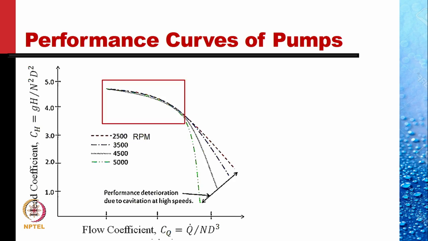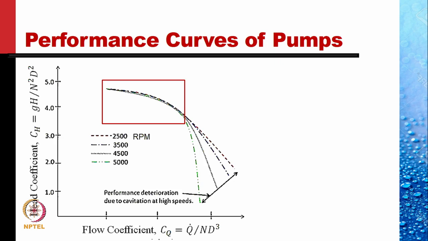Notice that in this area, for low flow coefficients, for relatively low discharge rate, all the curves for different RPMs collapse into one curve. The deviation is only at higher flow rates.